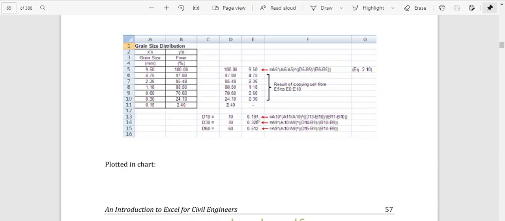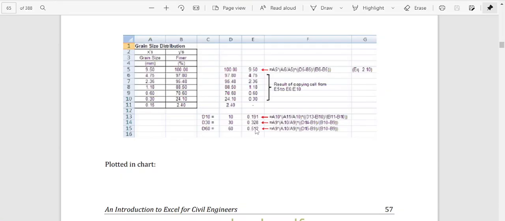What we are looking for, which stands at y, is this value here and this value here. So our 10, 30, and 60 stand as x, while our 0.9, 0.3 stand as y.